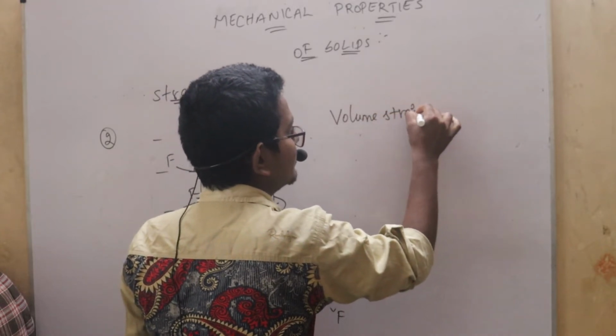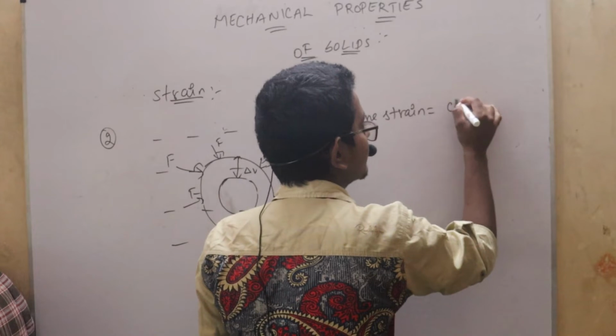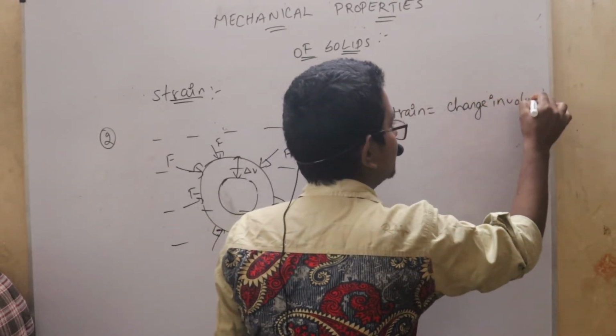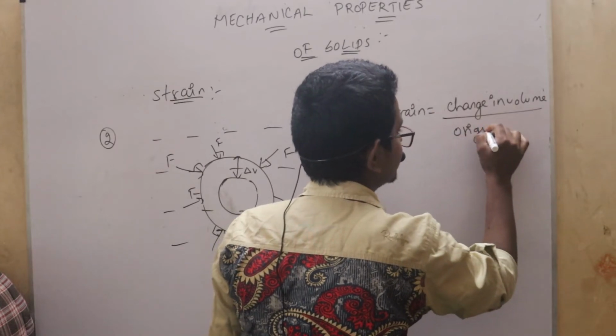So, volume strain, you can say very easily, is the ratio of the change in volume to its original volume.